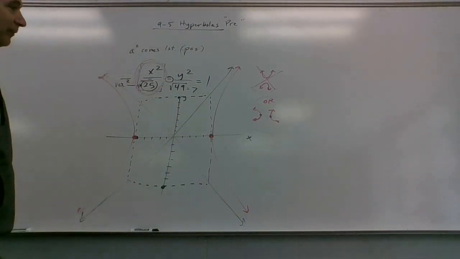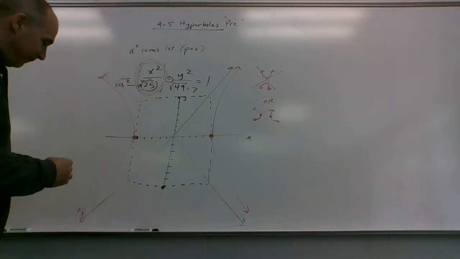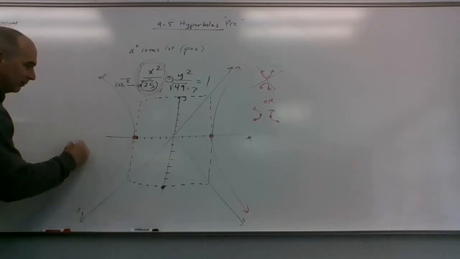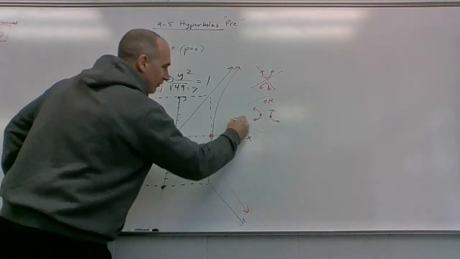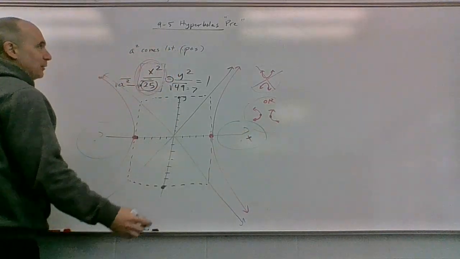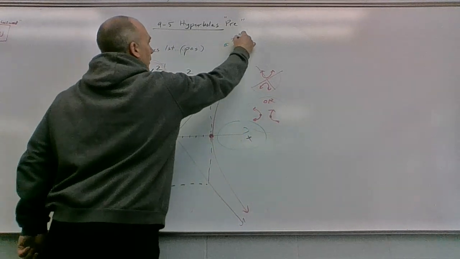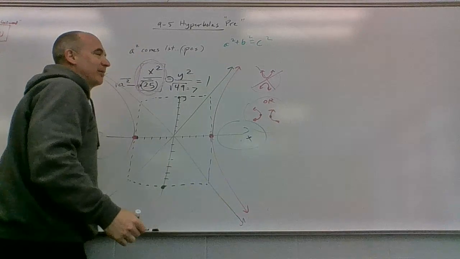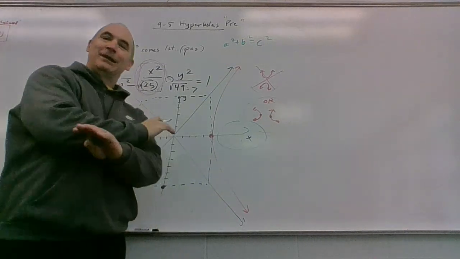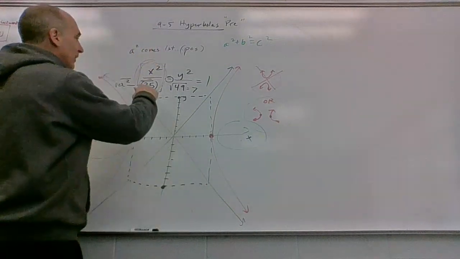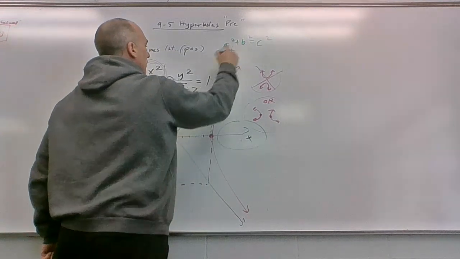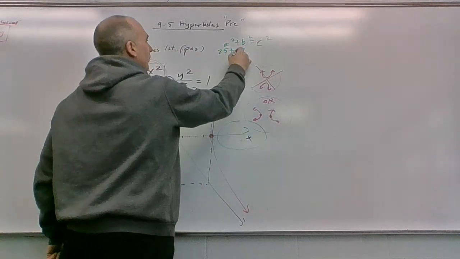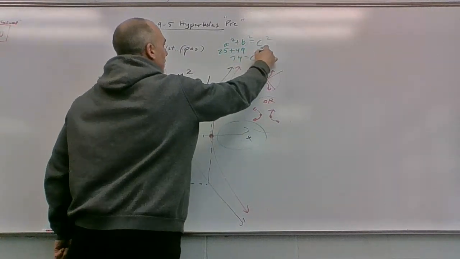Now these problems are going to ask you for the foci. The foci is going to be somewhere in here and somewhere on here. How do we find it? A squared plus b squared equals c squared. That's exactly the same as the Pythagorean theorem, but really no connection. A squared is 25, b squared is 49, that's 74, equals c squared.